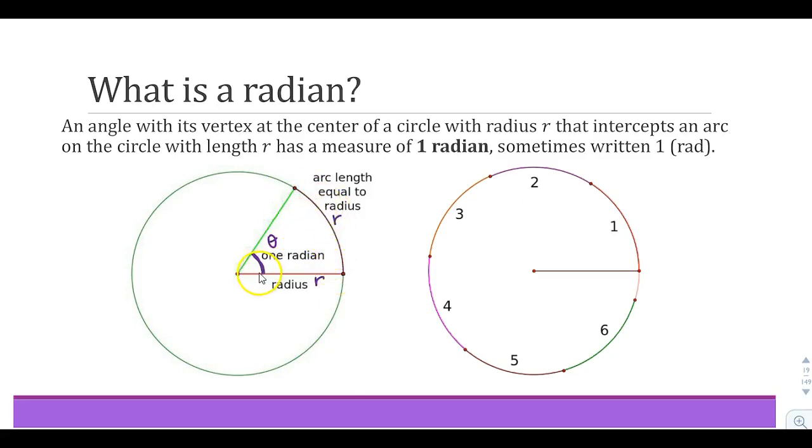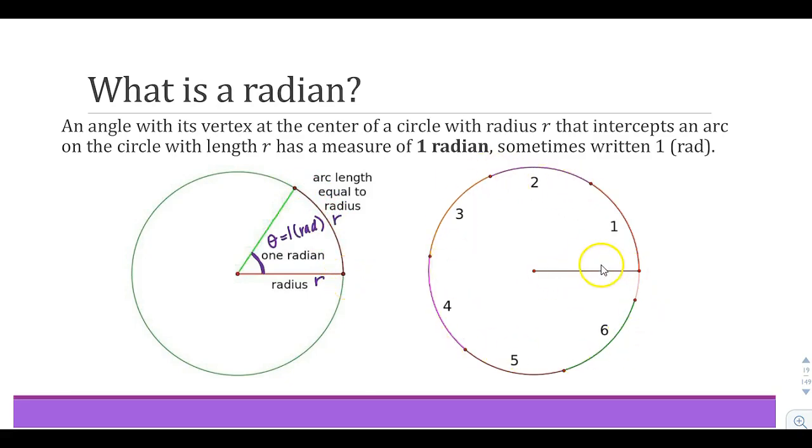If the radius is exactly equal to the arc length, then we say that theta equals 1 radian. You can see that the word radius is involved in radian because we have 1 copy of the radius along the arc of the circle.